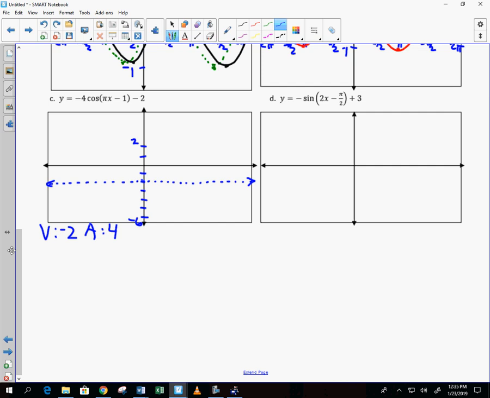Now, what is the period? Very good, Parth. 2. Take 2 pi and divide it by pi. I get 2. Is there a horizontal shift?